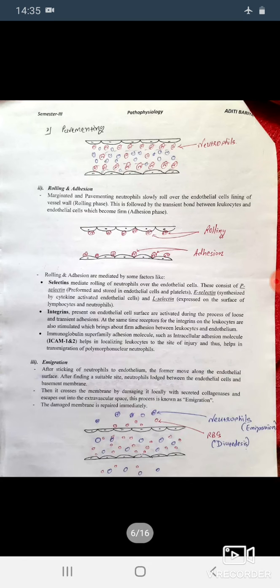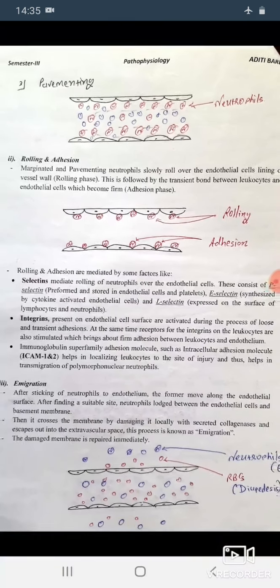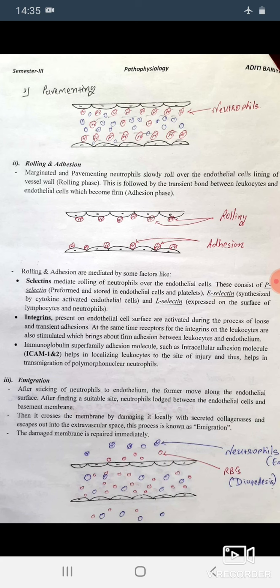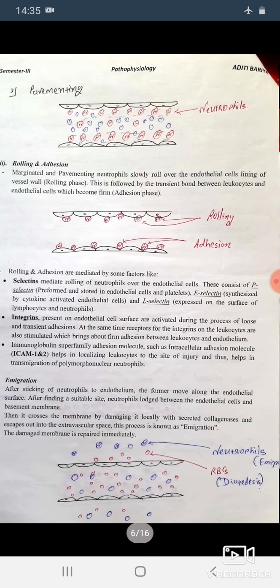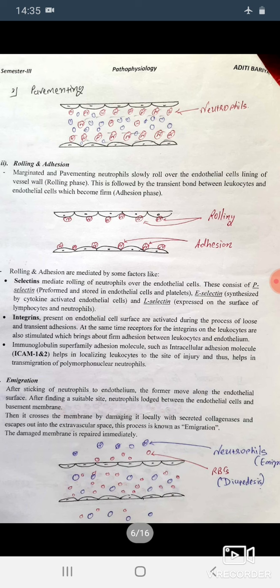Now the second step, rolling and adhesion. The name itself suggests rolling. So marginated and pavimented neutrophils slowly roll over the endothelial cell lining of the blood vessel wall. As we have discussed in the first step, neutrophils come close to the blood vessel wall, and the blood vessel wall is made up of endothelial cells.